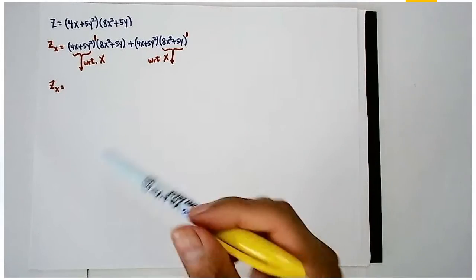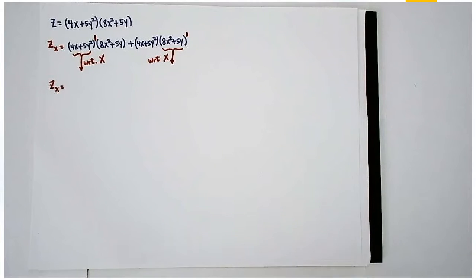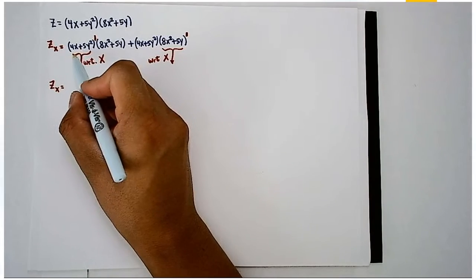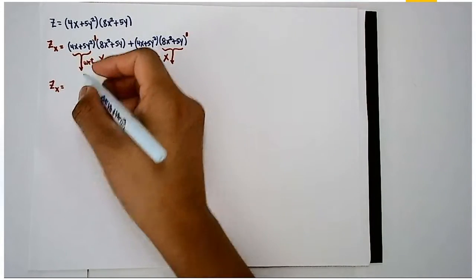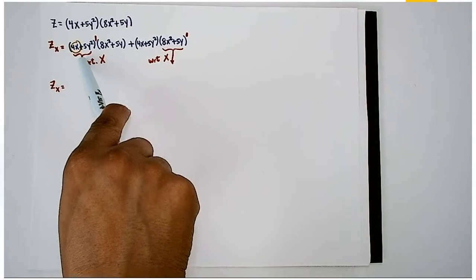So taking the derivative with respect to x for the first term, first we need to look at which terms actually contain x. And here it is only 4x.